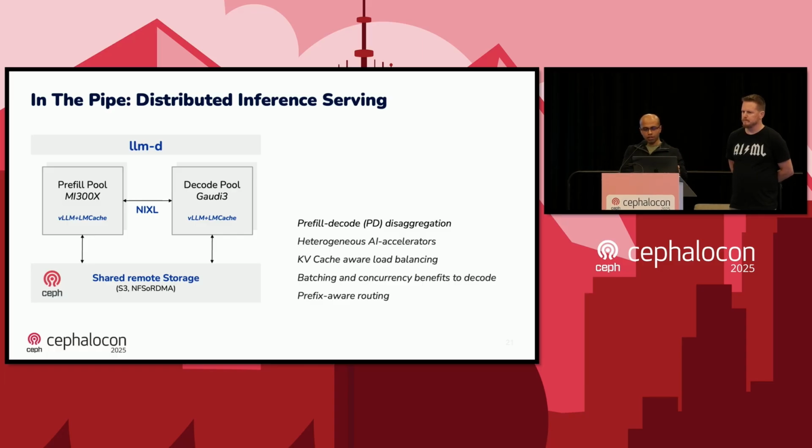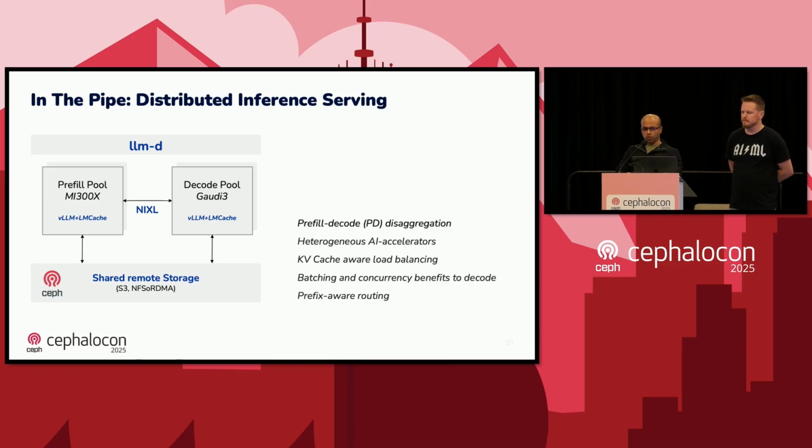For instance, there are some GPU accelerators that are better at pre-fill computation, whereas some others, like Gaudi, for example, are optimized for the decode part of the pipeline. So LLM-D is an orchestrator that does KV cache-aware load balancing, as well as regular load balancing, based on the load on the vLLM instances.